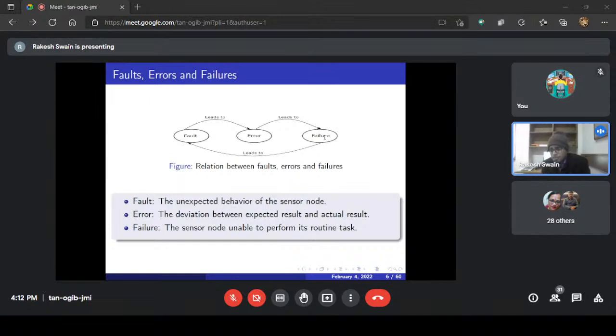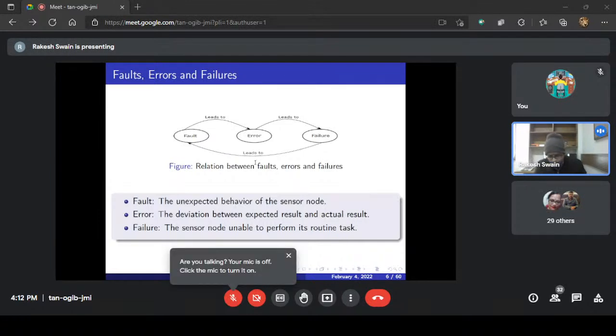Again, if one part of the network fails, it leads to a fault in another part of the network. That is the relation between fault, error, and failure in the sensor network. First a fault occurs due to unexpected behavior, then it leads to an error, and the error leads to the failure, and if a failure occurs in one part of the network, it again leads to a fault in another part of the network. So that cycle is maintained.